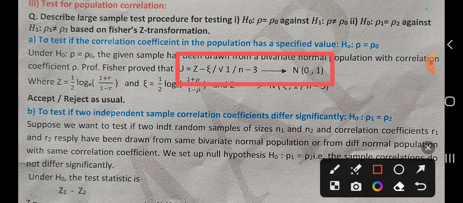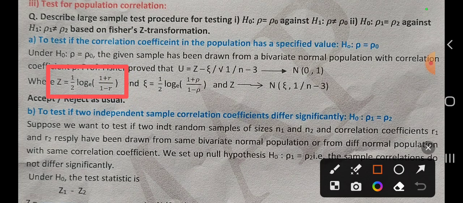So z is equal to 1 upon 2 log e of 1 plus r upon 1 minus r, and xi is equal to 1 upon 2 log e of 1 plus rho divided by 1 minus rho.